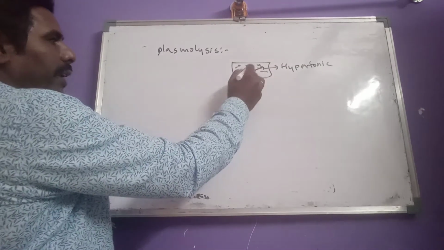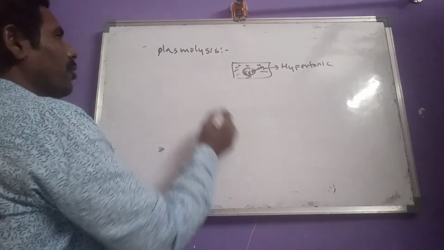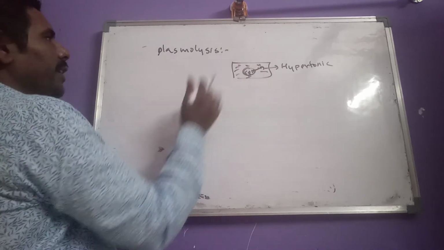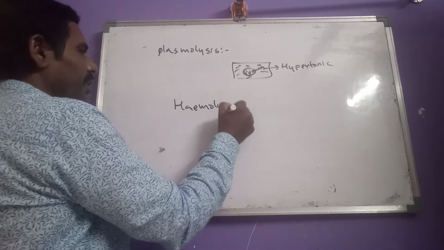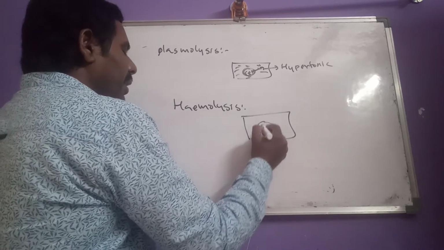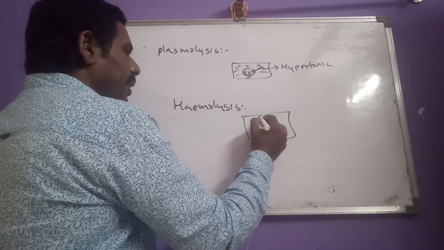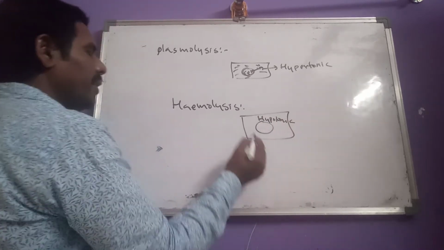Okay. Then when a cell is placed in hypotonic solution, the reverse of this will take place, and that is known as hemolysis. What is hemolysis here? When a cell is placed in hypotonic solution, what happens here?